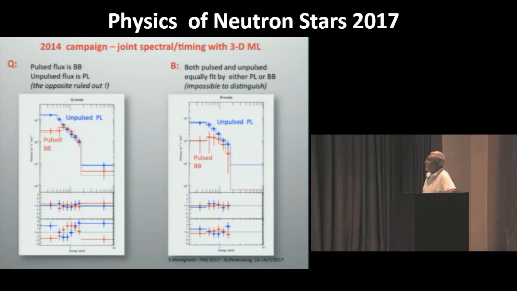The residuals are very good. In this case, also the opposite fit would work. So we could also fit a thermal black body to the unpulsed and the non-thermal to the pulsed. The residuals are shown in this bottom panel.